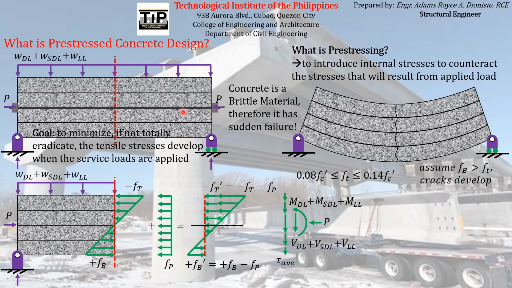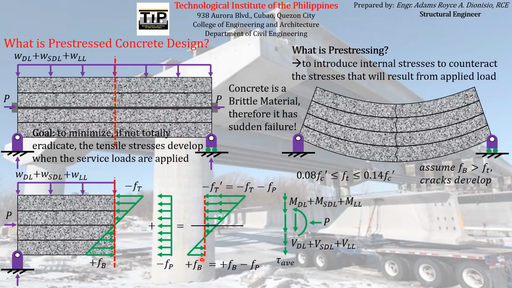Pero since we added pre-stressing reinforcement, ang tensile stress na lang sa bottom fiber ay ganito na lang kalaki. So, lumiit siya. We have minimized the tensile stress acting at the bottom fiber of the concrete beam by adding pre-stressing reinforcement, or should I say, we have minimized the tensile stress acting at the concrete beam when we pre-stress it. Nung pinistress natin siya, lumiit yung tensile stress at the bottom.